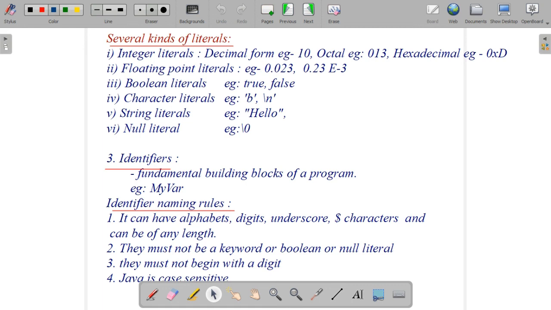Some examples, like myFile. There is no space. And one more thing, there is no space in between these words. If you want to write three or four words together, how will you write? You can start with a small letter, and the subsequent words' beginning character is made capital.